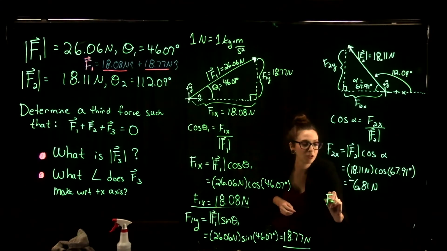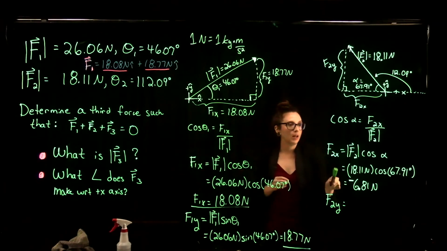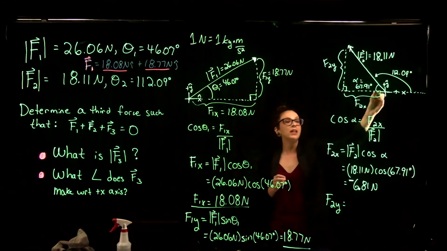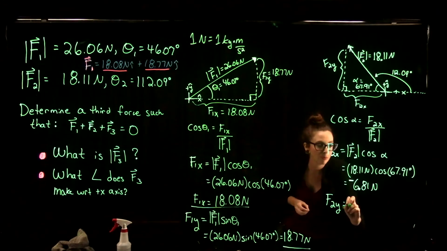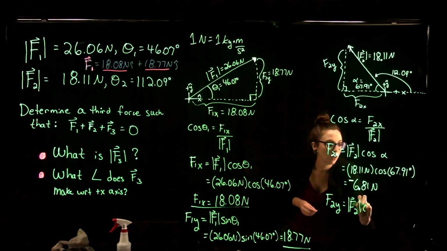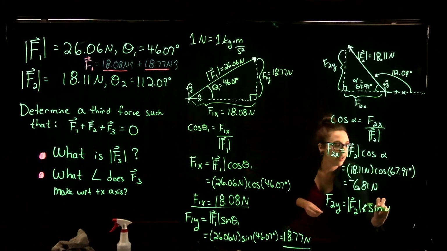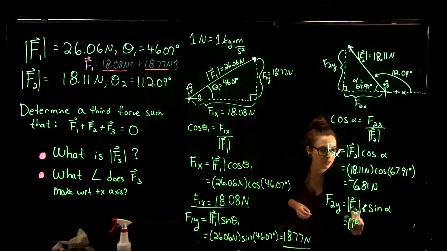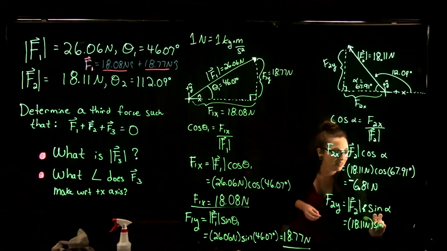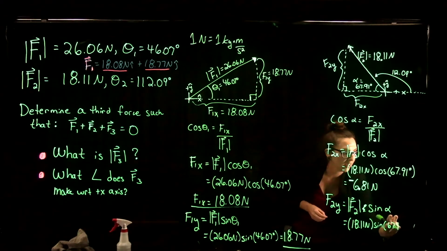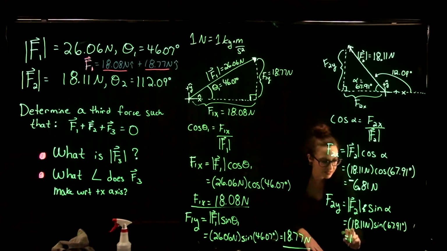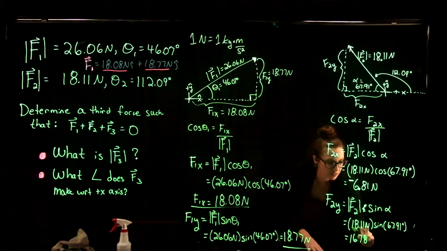Now, F2y. Since the x component was cosine, I know that the y component is opposite from this angle, so it will be the magnitude of F2 times sine alpha, okay? And so that's 18.11 newtons sine of 67.91 degrees, and that is equal to 16.78 newtons.